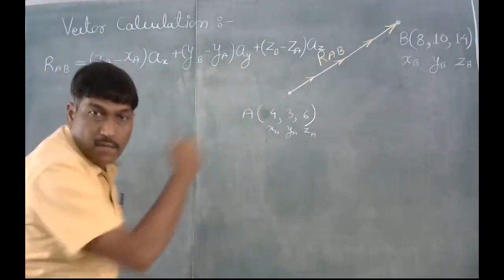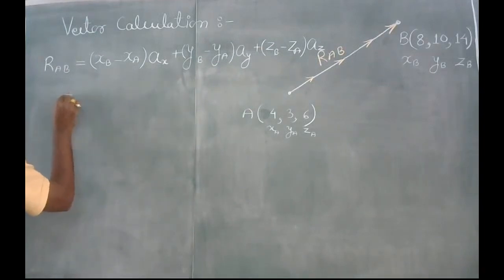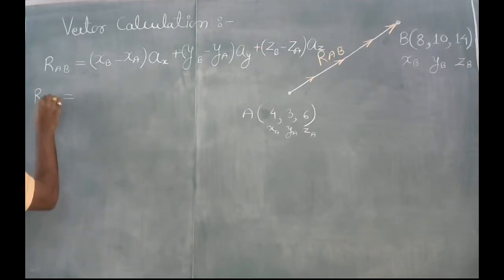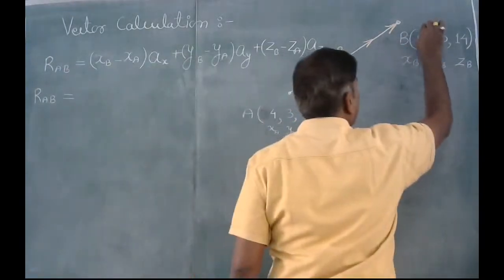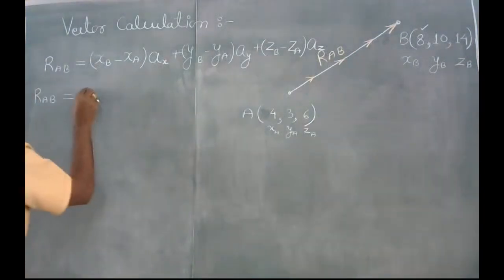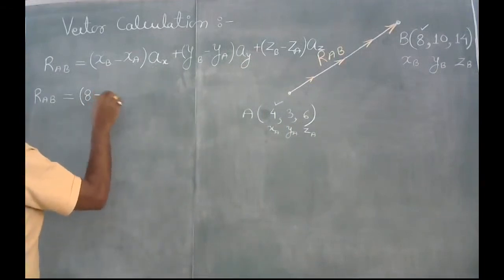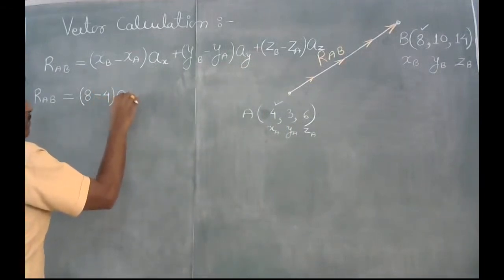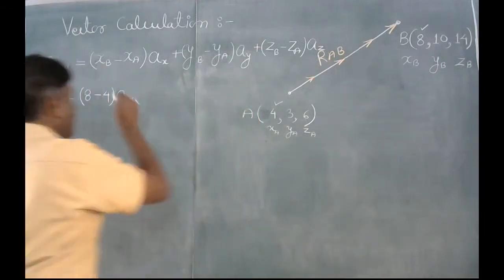First we take the B point coordinate, then the A point coordinate. So the vector pointed from A to B will be the x coordinate of point B, which is 8, minus the x coordinate of point A, multiplied by the unit vector in the x direction: 8 minus 4 ax.